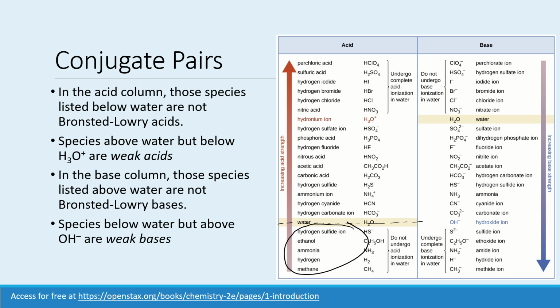So this doesn't mean that they can't act as weak acids. It just means that when it's in connection to water, it will not ionize, right? So it will not donate a hydrogen or a hydrogen ion to water to form that hydronium ion. Okay, so anything below the water line is considered to not be an acid in water.